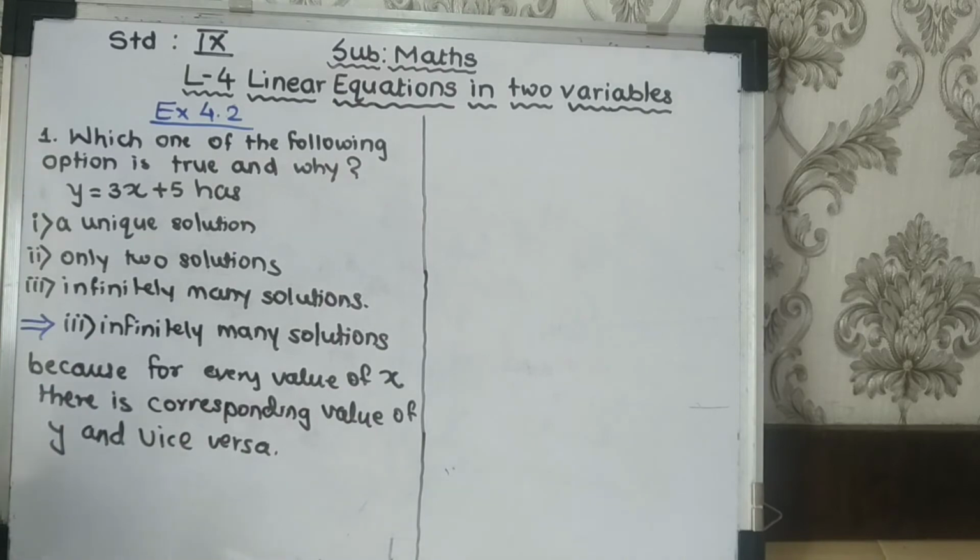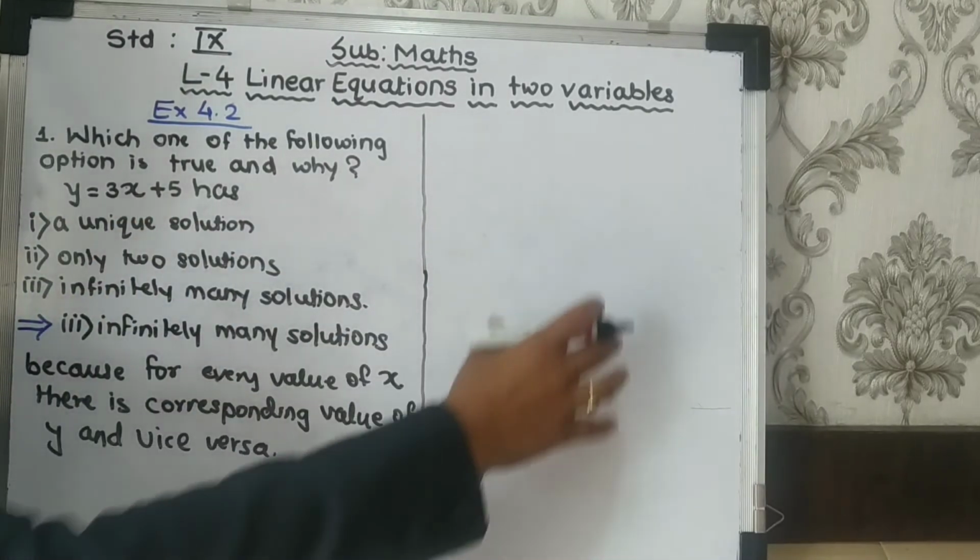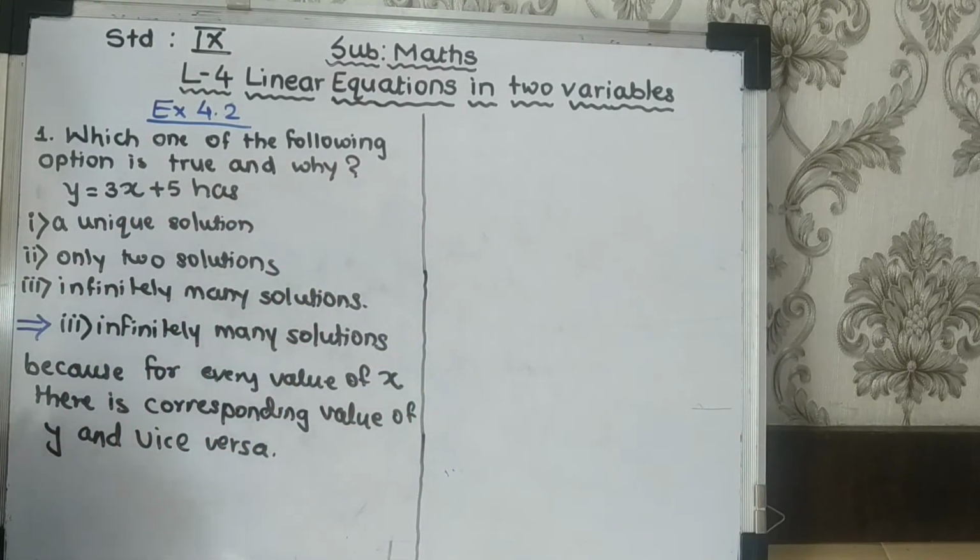Means what? We are not going to show it by solving. I am just showing you how we have infinitely many solutions. Right now only we have seen it with the example.